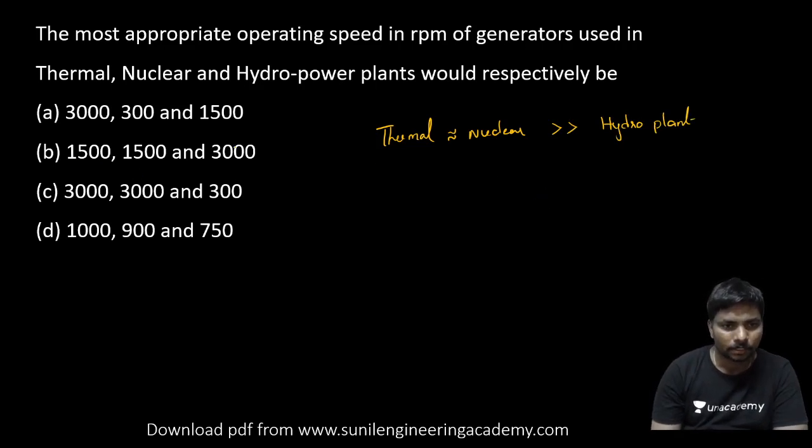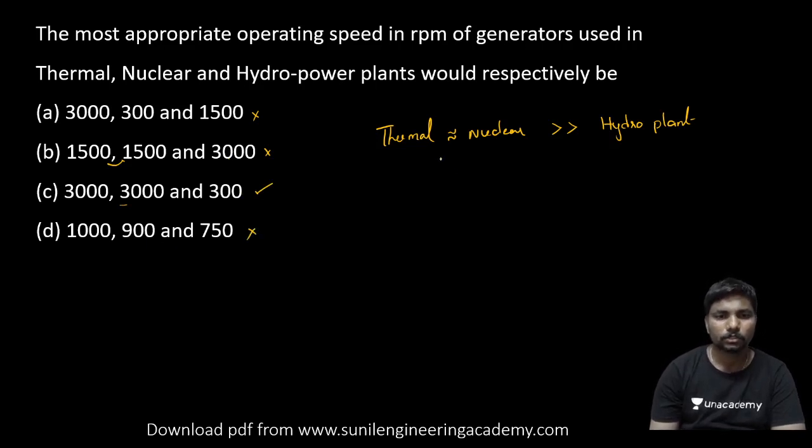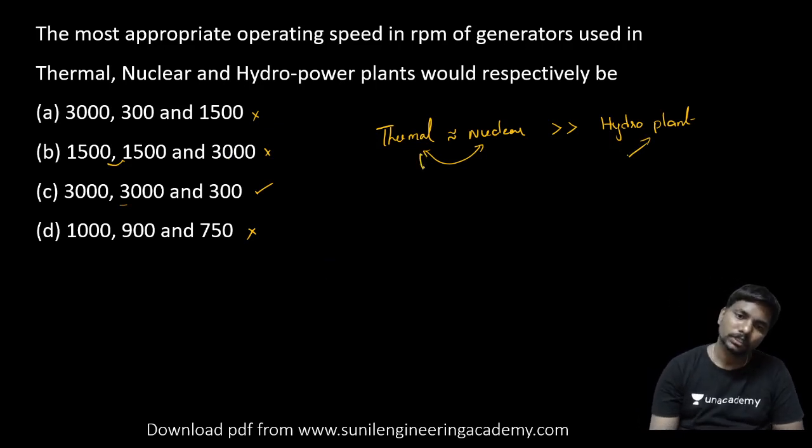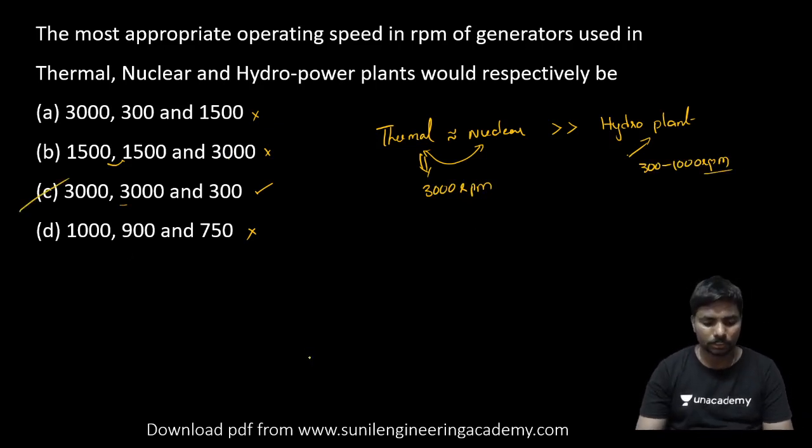So thermal and nuclear we can operate at 3000 or 1500 rpm, and hydro power plant is very less, 300 to 1000 rpm. So the most probable answer is option C.